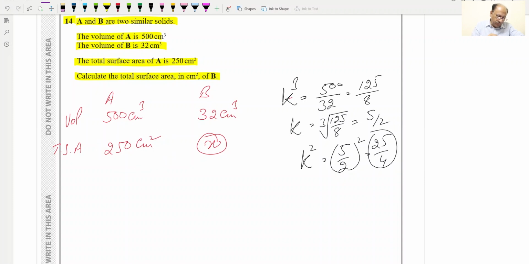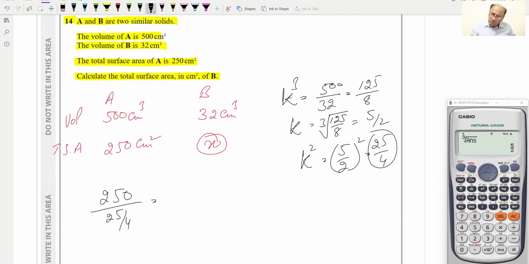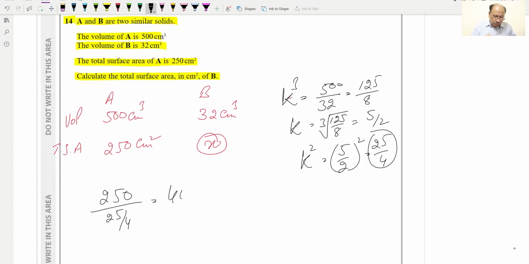So with this 250, A is the bigger shape, so this will be divided by 25 by 4, bigger to smaller, so 250 over 25 over 4, and this will be equal to 40. So 40 will be centimeter square.